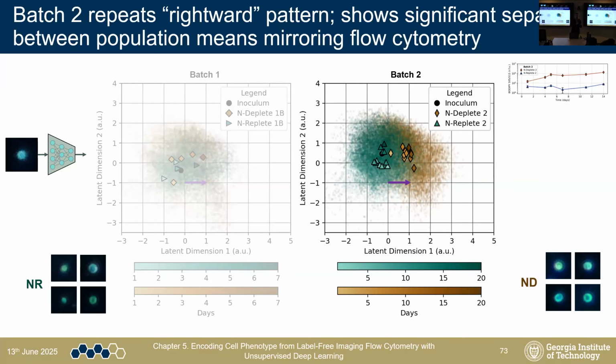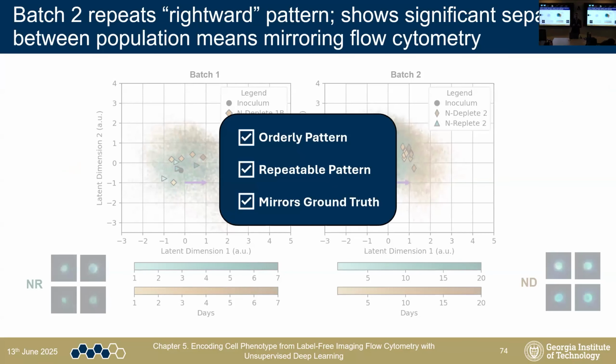And remember, the flow cytometry data is measuring the actual lipid content, the literal lipid content. So this is really good. We have an orderly pattern to this coordinate space. It's a repeatable pattern, and it perfectly mirrors the ground truth. So these are all positive signs for using this method to do an approximation.